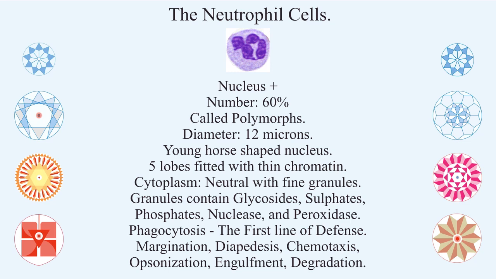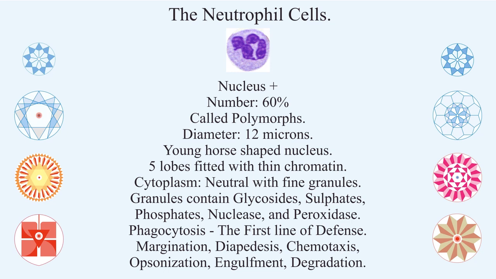You can see the lobes which have chromatin as a network connecting all the 5. It could be 3, 4, 5 at the same time. But I think 5 is more common from my experience. I would put it that way. Cytoplasm neutral with fine granules. Granules contain glycosides, sulfates, phosphates, nuclease, and peroxidase.